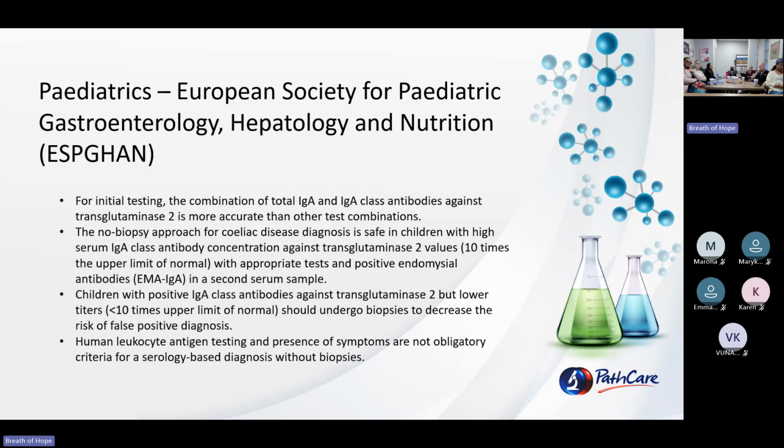However, if your tissue transglutaminase IgA is less than 10 times the upper limit of normal, it is recommended that biopsies be done to decrease the risk of a false positive diagnosis. And in children, HLA-DQ2 and 8 testing and the presence of symptoms are not obligatory criteria for the serology-based diagnosis without biopsies.